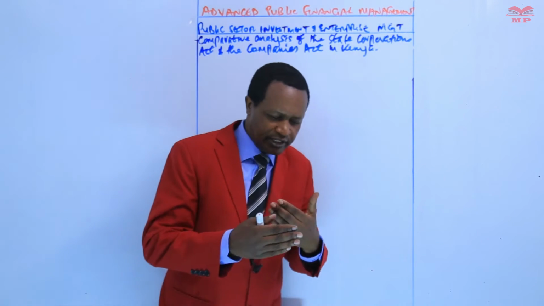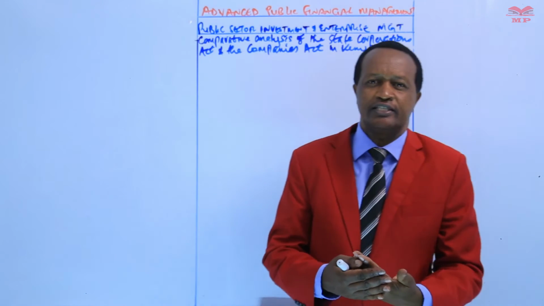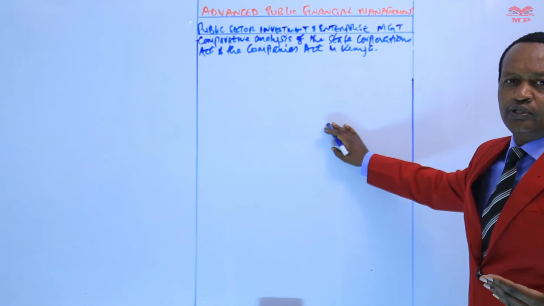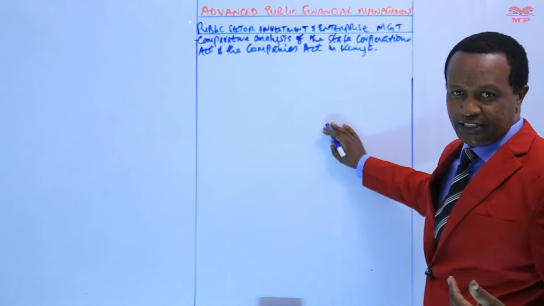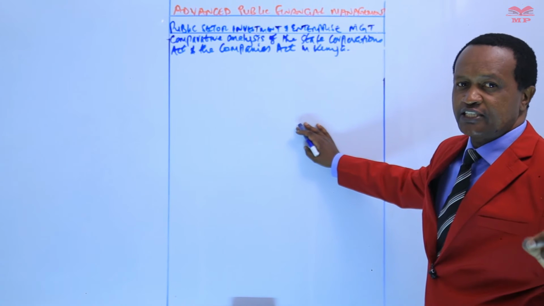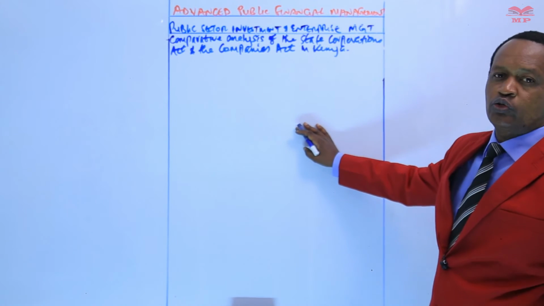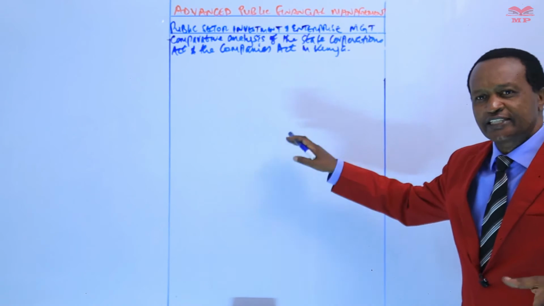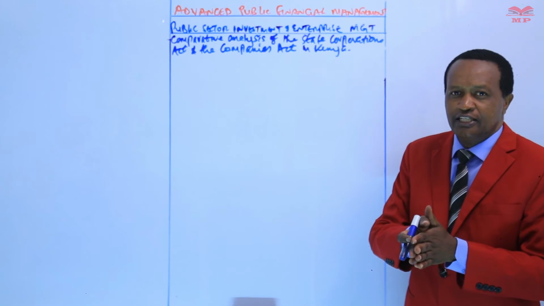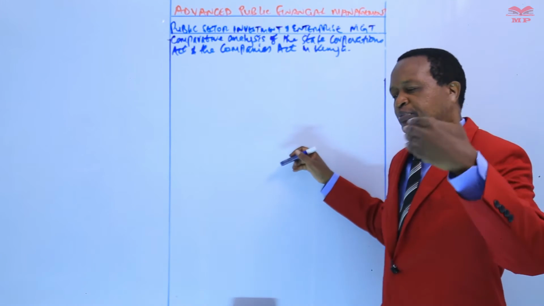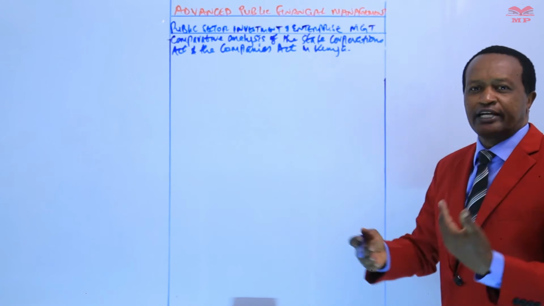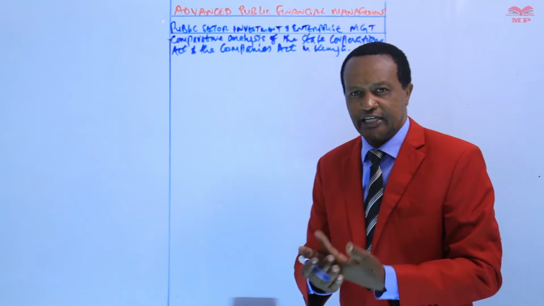And while the Companies Act provides the foundational legal framework for the incorporation and operation of all companies, the State Corporations Act specifically addresses entities that are owned or controlled by the government. So understanding the interplay and the distinctions between these two acts is important for comprehending the legal and regulatory environment for both private and public entities in Kenya.